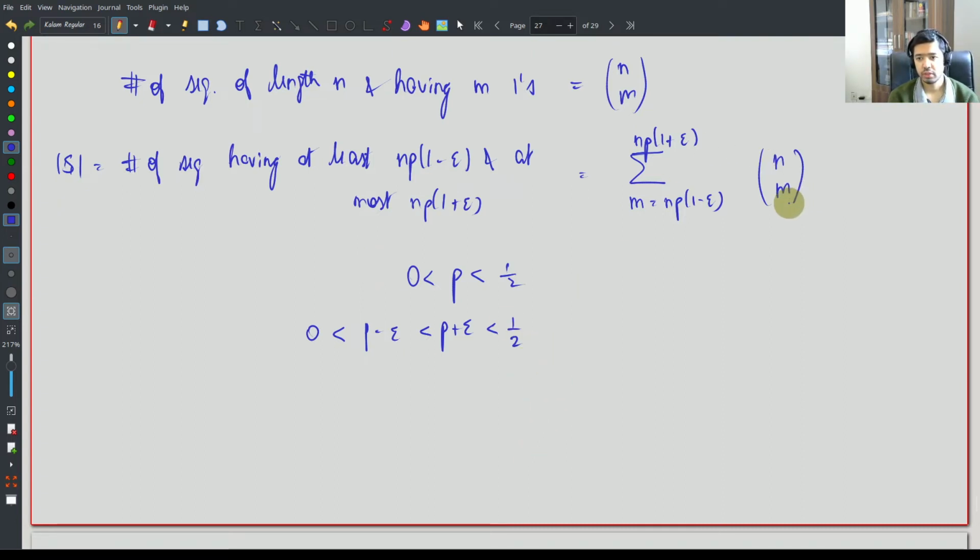Now if you look at all of these binomial coefficients, there are many of them over here. Which of these will be the largest binomial coefficient? For what value of m between np(1 - epsilon) and np(1 + epsilon) will this be the largest? Anyone?